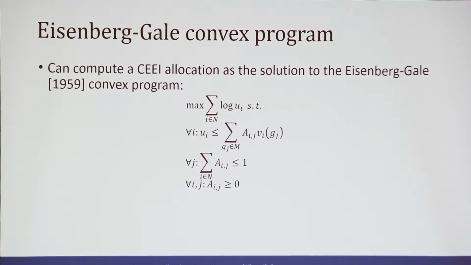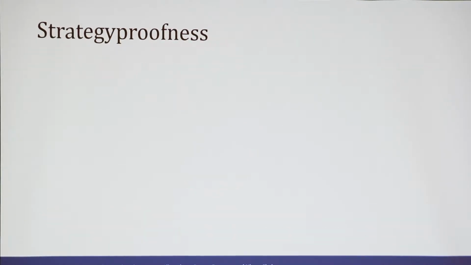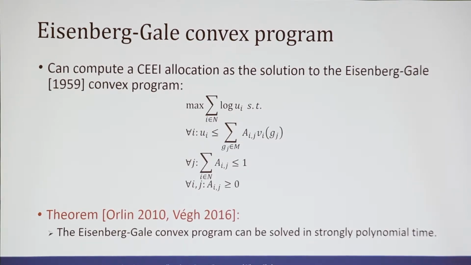And in this setting, it's been fairly recently shown that we can actually solve this convex program in strongly polynomial time. So when we have these divisible goods, we can compute our CEEI allocation in strongly polynomial time.